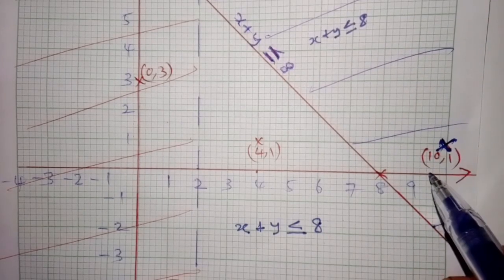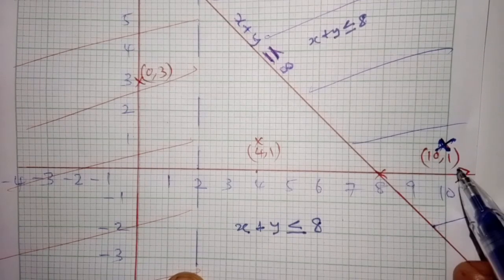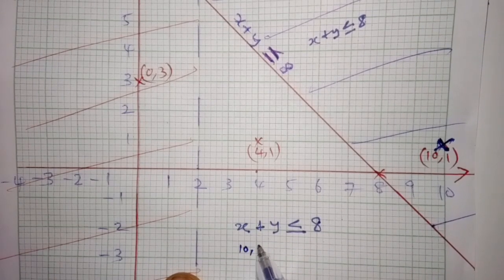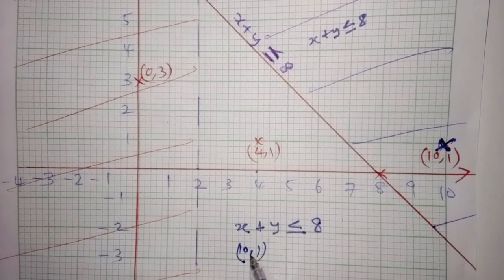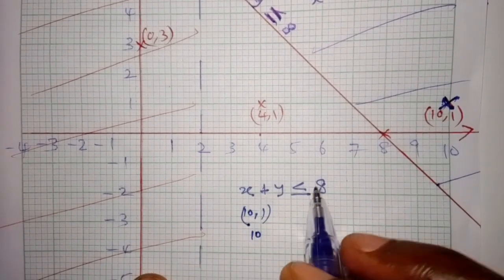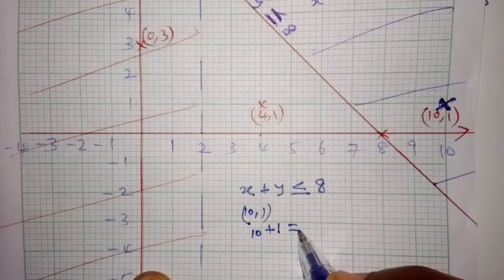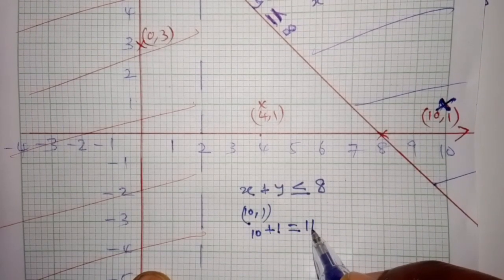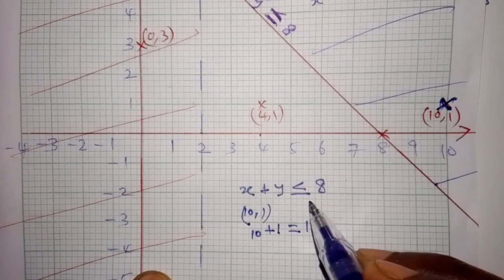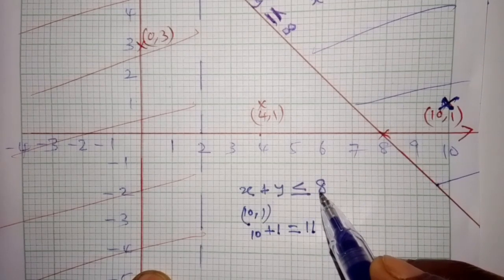When we use point (10, 1), then x will be 10 and y will be 1. This is giving us 11, and we know that 11 is greater than 8.